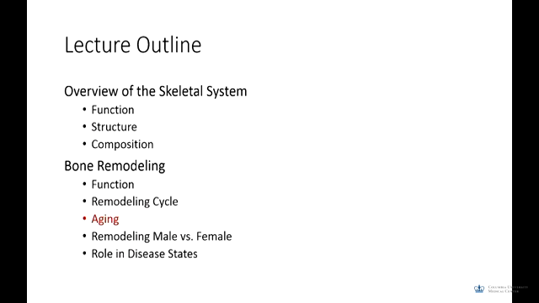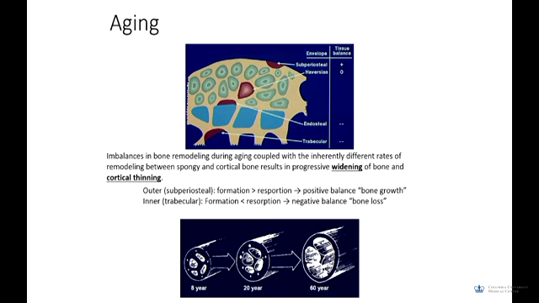Okay, so as people get older, their bones start to break. Basically as you get older, there are a lot of changes that happen to bone. One of the biggest changes is that the outer bone has more growth than the inner part of the bone, or the trabecular part. So if you look at the net balance between resorption and formation, the net balance is really negative in the trabecular areas.